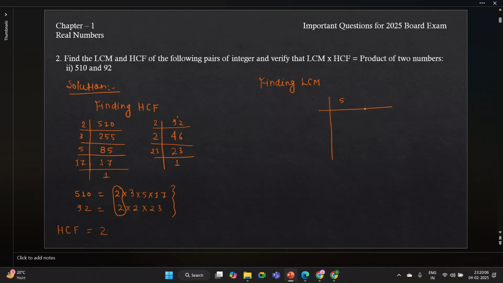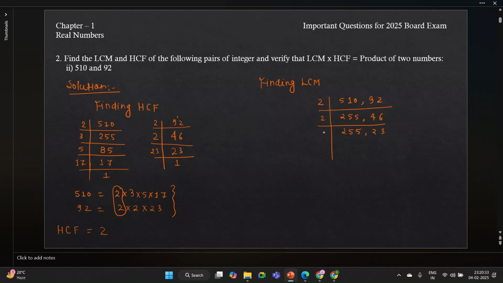So 510 comma 92. Okay, so it is divisible by 2. If you divide, then it would be 255 and then comma, it would be 46. Again, we have to divide by 2. If you divide by 2, then it would be 255 because it is not divisible, and it would be 23.